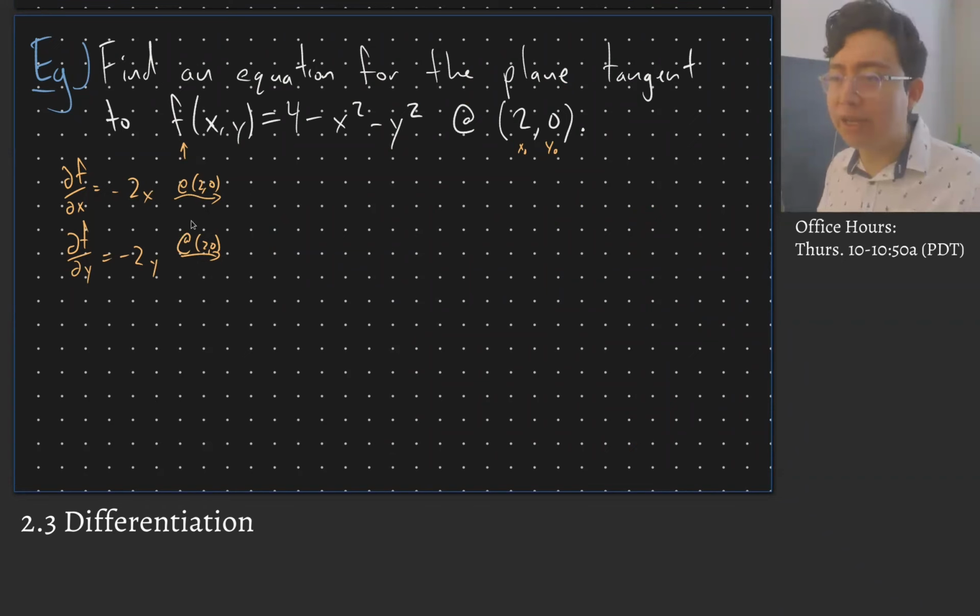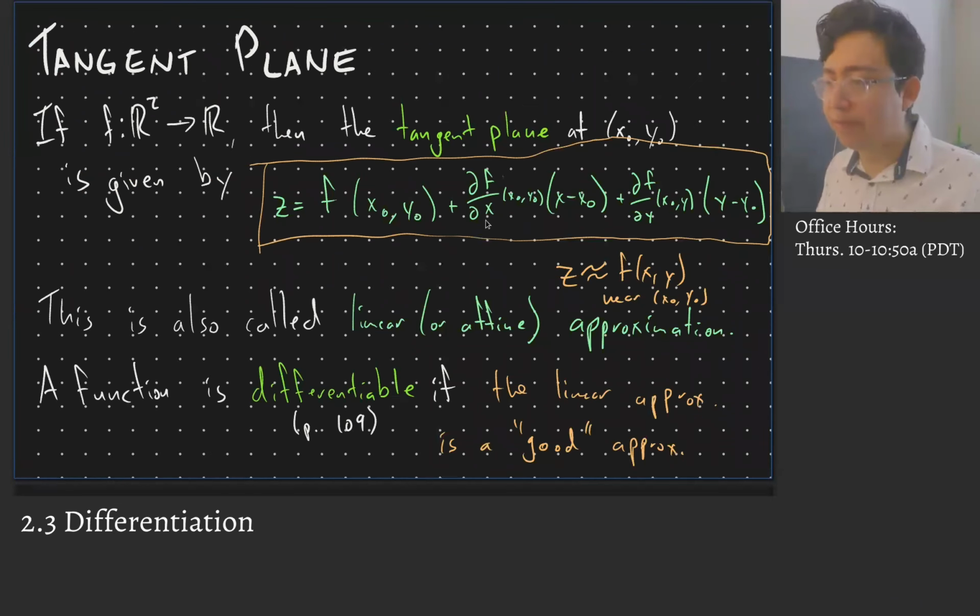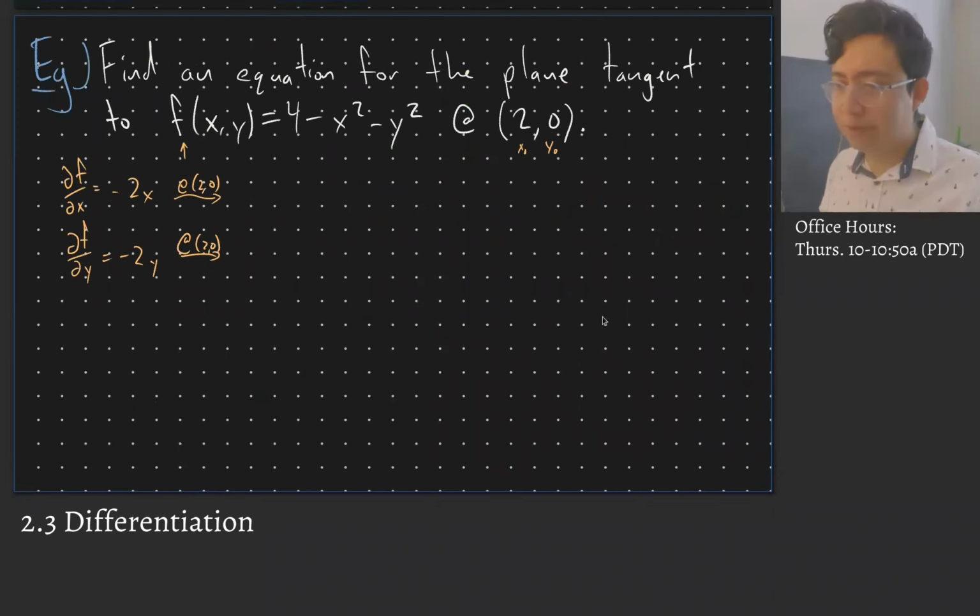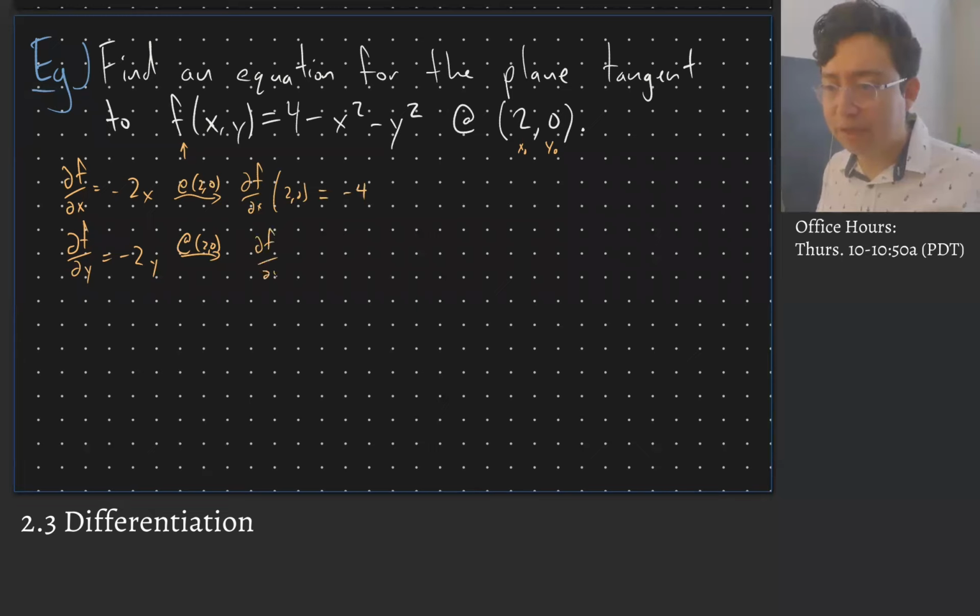We want a plane, so this whole thing here should be a number, and this whole thing here should be a number. So we plug in 2 for x and 0 for y. df dx at (2, 0) is equal to negative 4, and df dy at (2, 0) is 0.